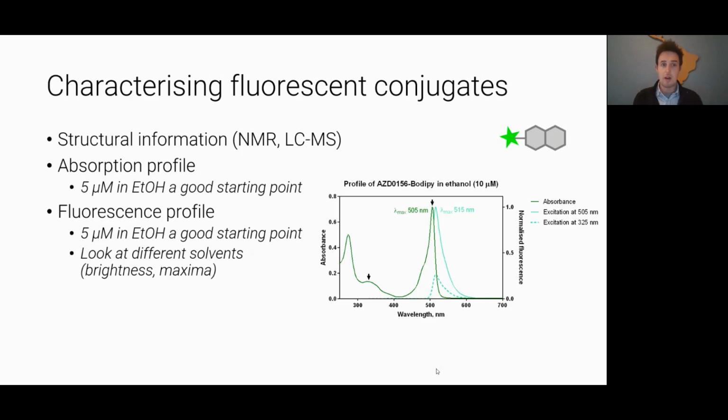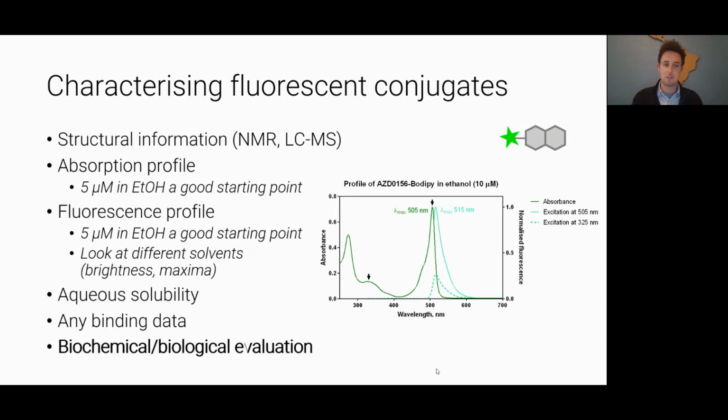It's generally good to get an absorption profile of that compound. 5 micromolar in ethanol is normally a good starting point, and then use that same sample to get the fluorescence profile. And you might at this point want to interrogate different solvents, see how your fluorescent drug conjugate, how its brightness, how its photophysical properties are changing according to different solvents.